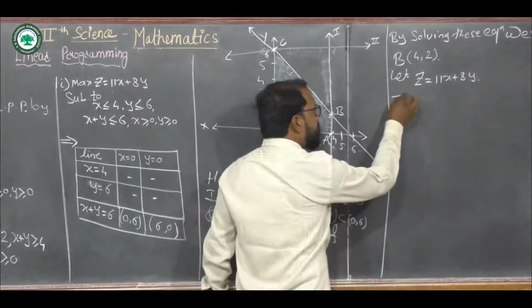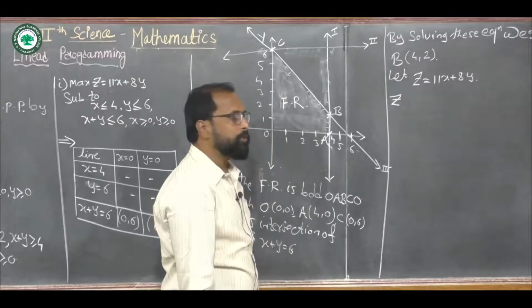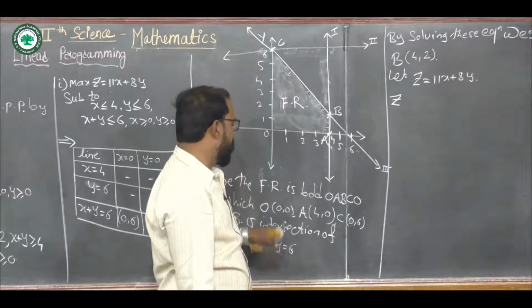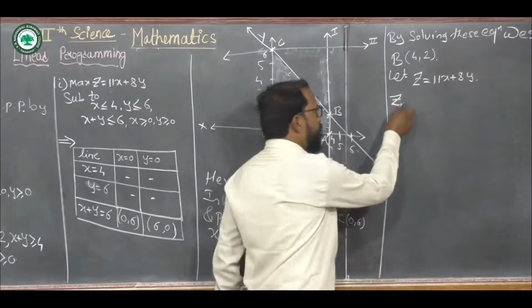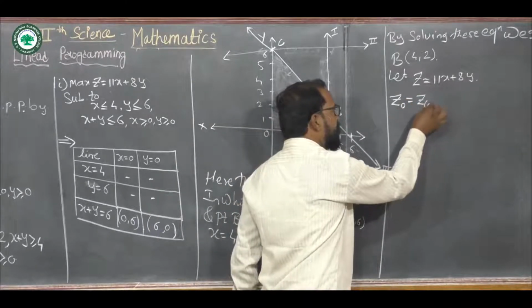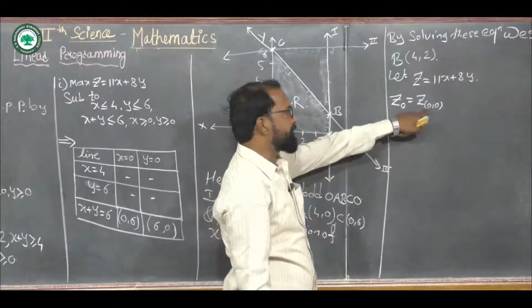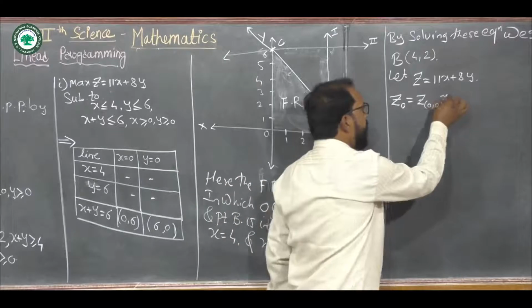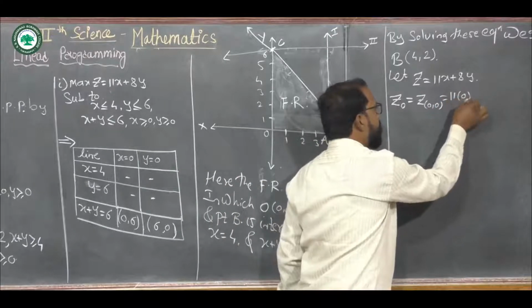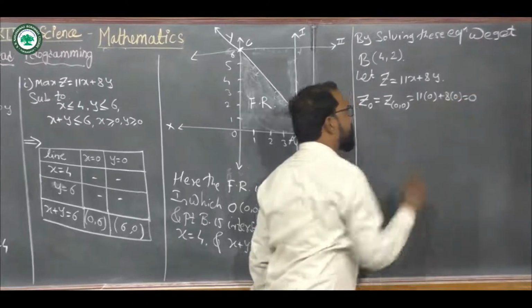Next, find the value of z at each corner of the feasible region. Starting from the origin, z at O, that is z at 0, 0: putting x as 0 and y as 0, we get 11 into 0 plus 8 into 0, which is 0.